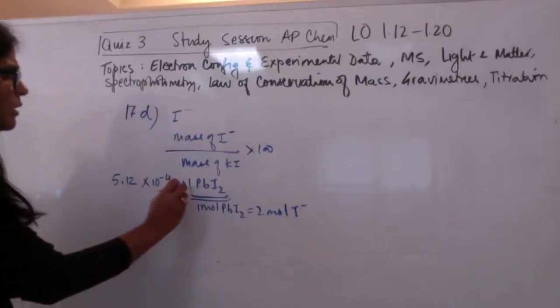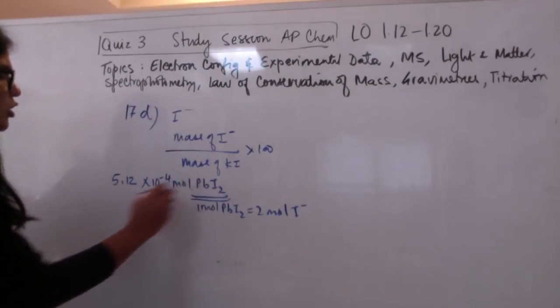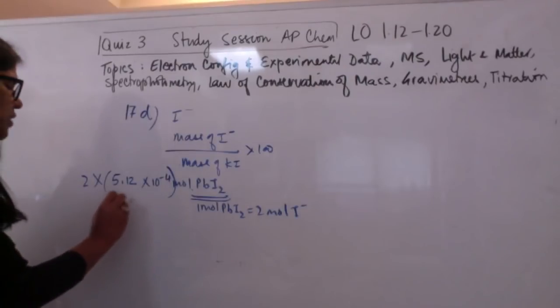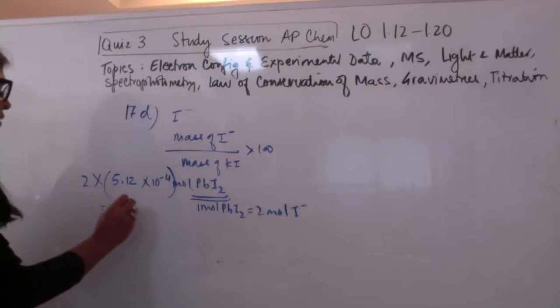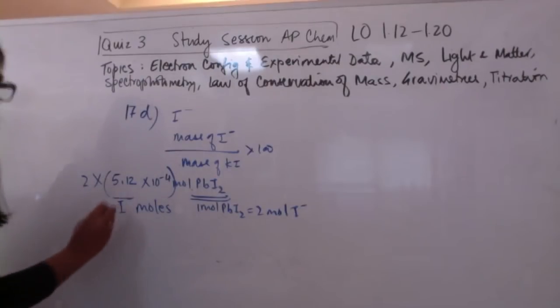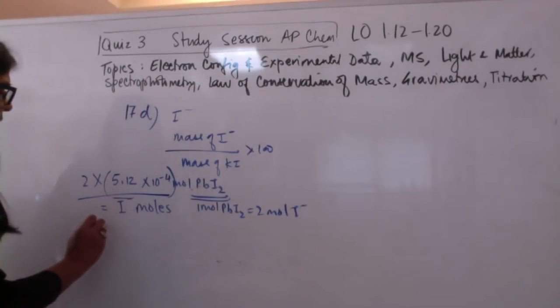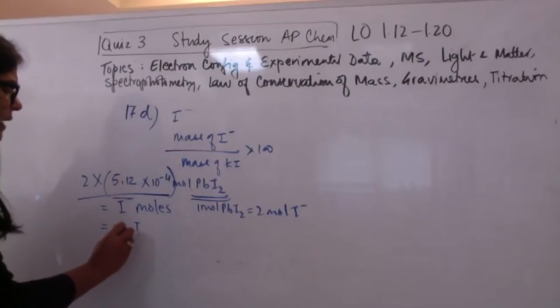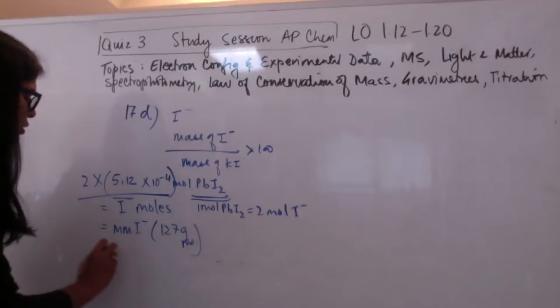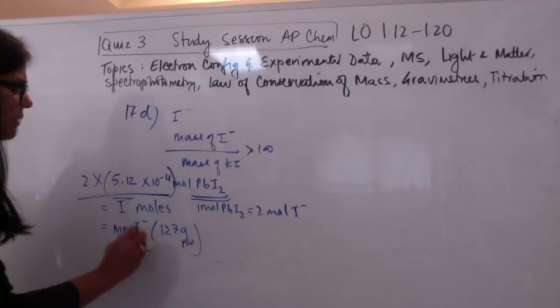So these many moles of PbI2 times 2 gives I minus moles. And whatever you get here, if you multiply this by the molar mass of I minus, and we take it to be same as I, which is 127 grams per mole, now you know the grams of I minus.